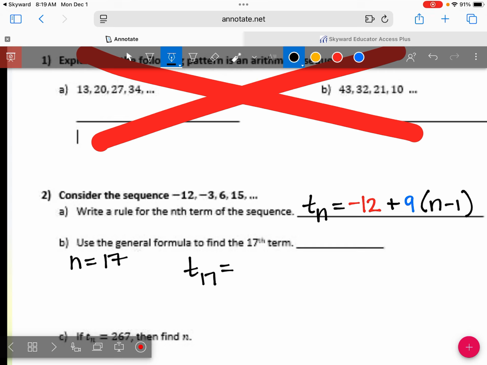T17 would equal negative 12 plus 9, parentheses, 17 minus 1. So go ahead and just type this in your calculator. So it's basically negative 12 plus 9 times 16. I should probably get my calculator because I didn't work out the answers. Or I did, but I don't have to.